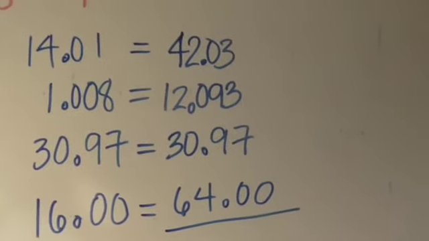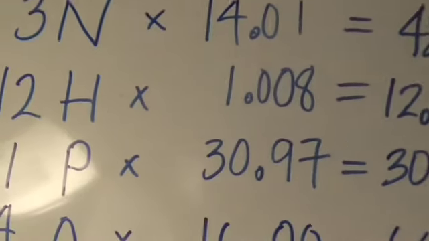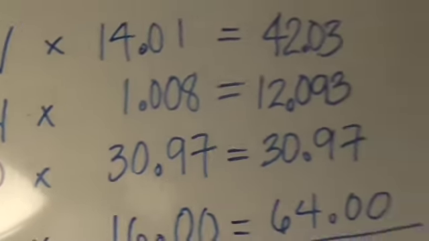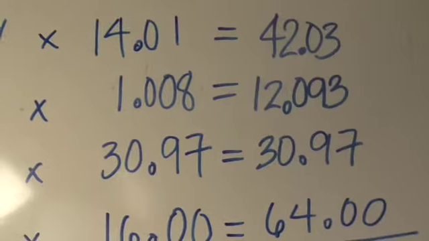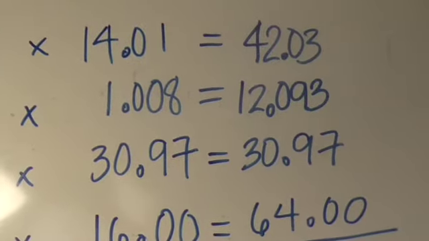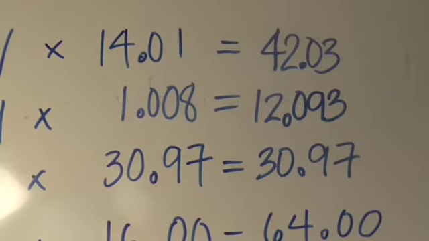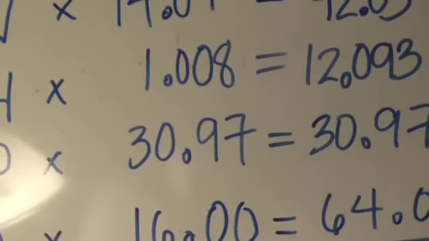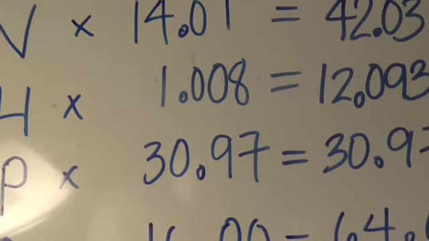And so we're going to add all of those numbers up, and we wind up with 42.03 plus 12.093 plus 30.97 plus 64, and you're going to wind up with 149.093.